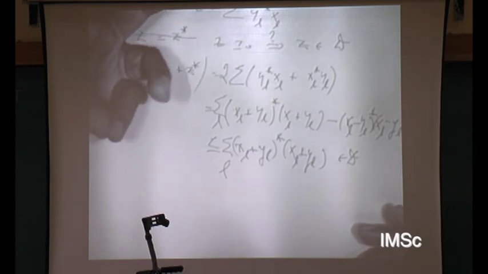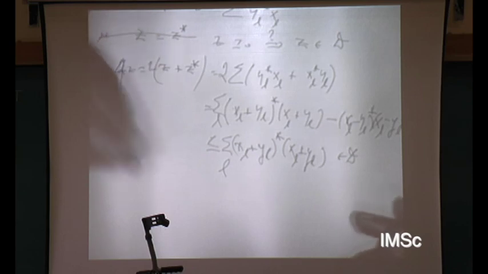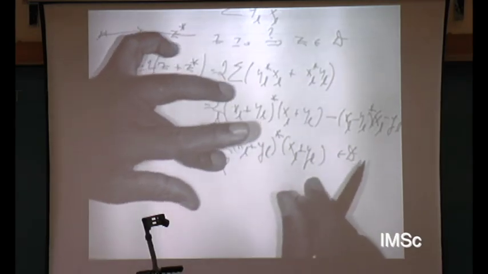And Y_L is in N. So X_L plus Y_L is in N. That means that star that has finite phi value.